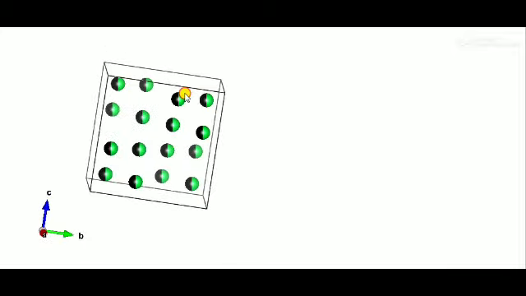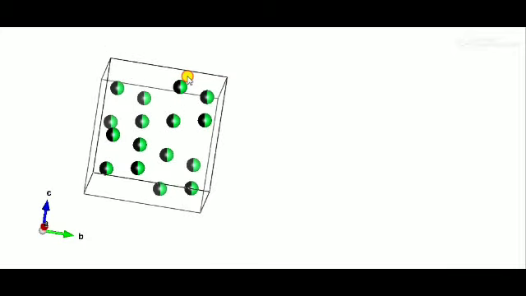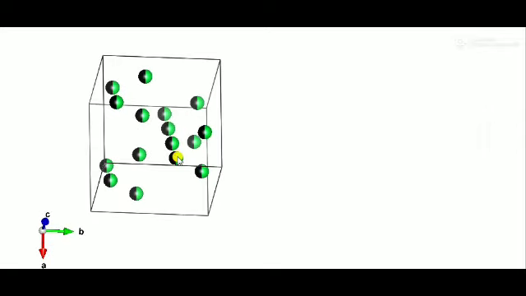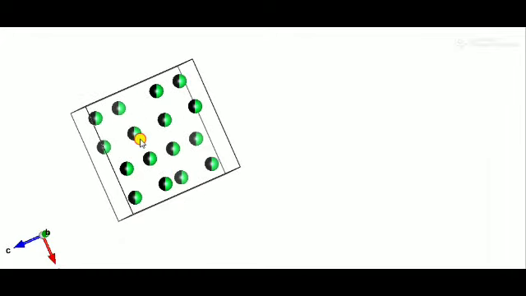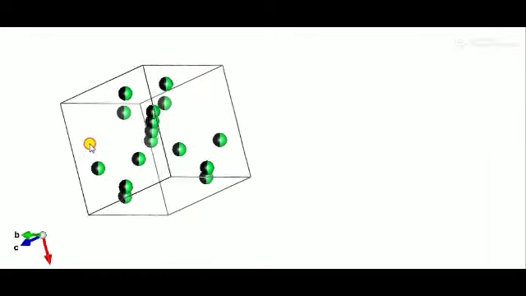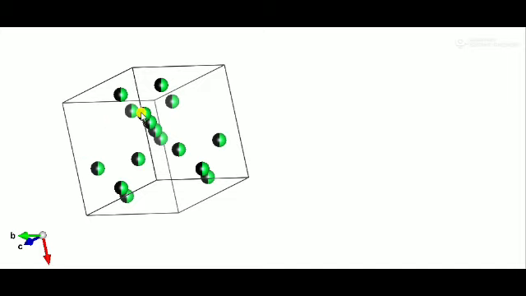Okay, so this is one face. If you observe carefully, I was talking about these 4 atoms. This one goes from this face to this face, not actually diagonally, this is a slope. Likewise this corner is connected to this corner.